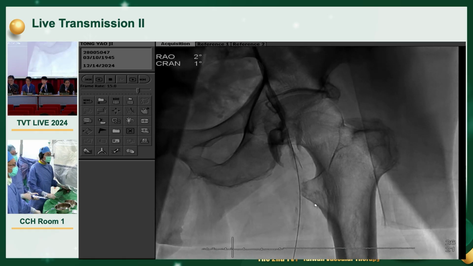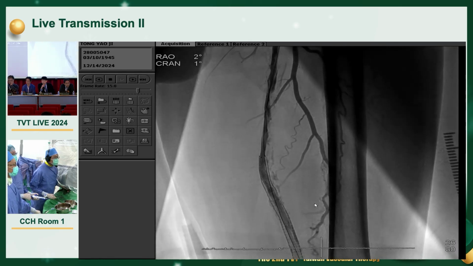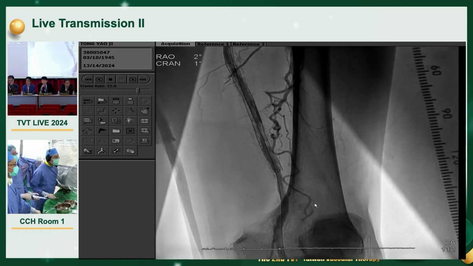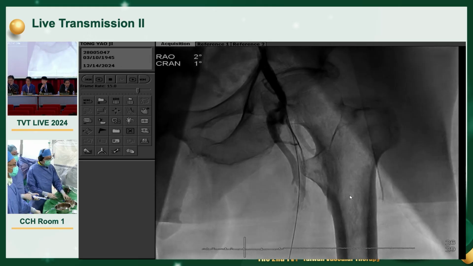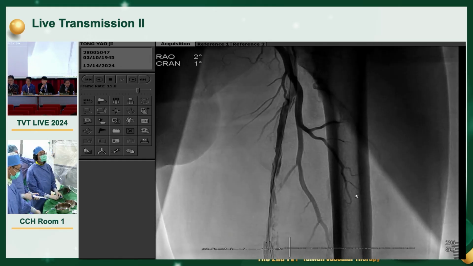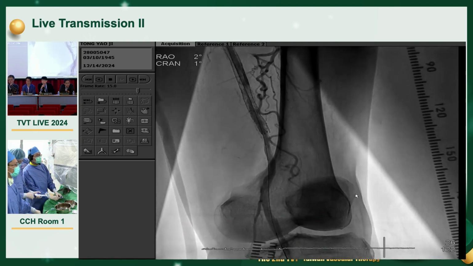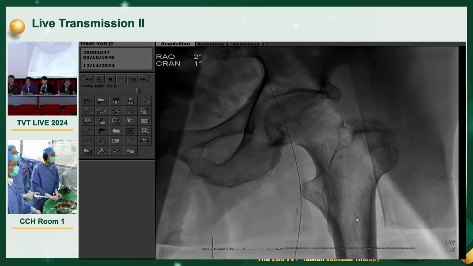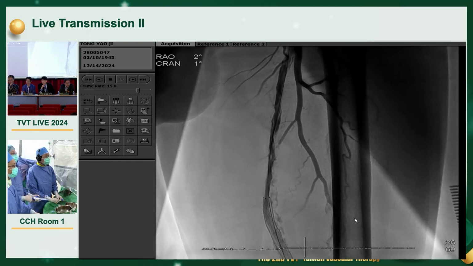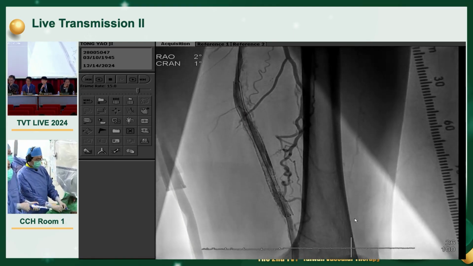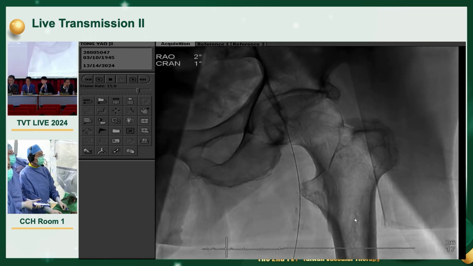We have some antegrade flow, and the distal in-stent also has some stenosis. So we will repeat balloon angioplasty and in-stent another DCB dilatation. And for the proximal to middle SFA, will you select a DCB or DES?